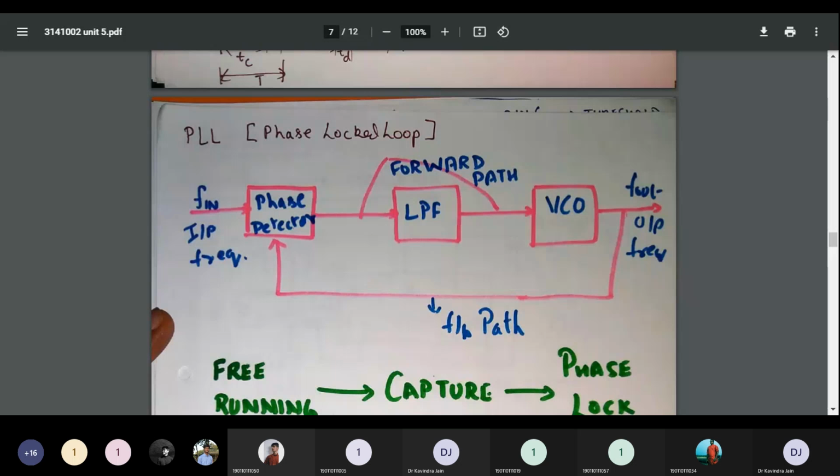I repeat, it generates a DC voltage which is directly proportional to the phase difference between the two frequencies.